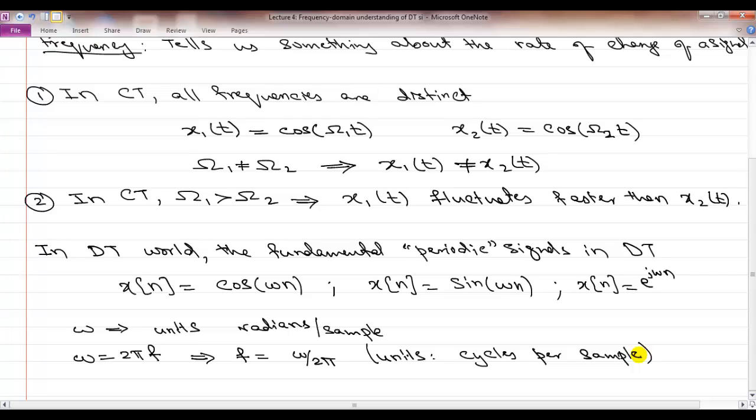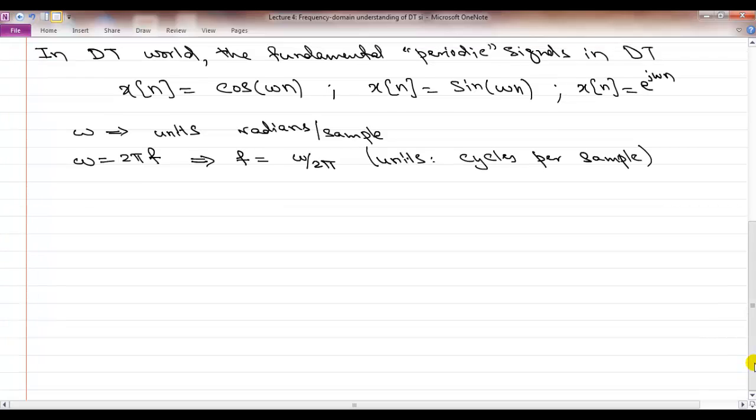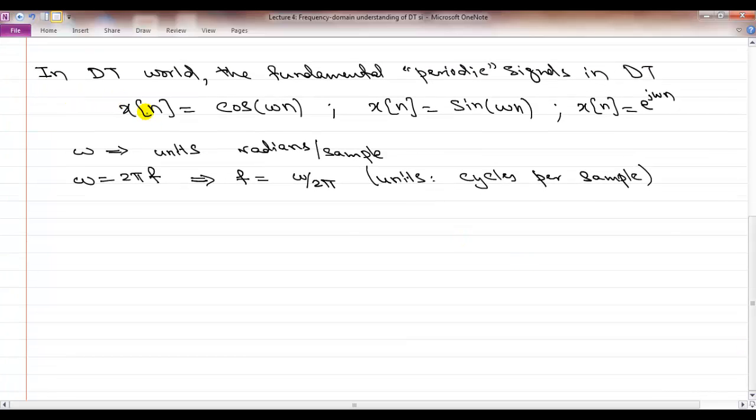It's cycles per sample, which means how many cycles of this cosine are covered between one sample and the next sample. So the fundamental signals in the discrete time world are these cosine, sine, or e to the j omega n, which is related to sine and cosine. But there are key differences because we are in the discrete world. So let's look at the first difference.